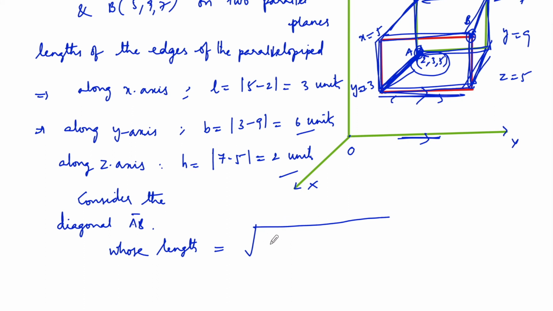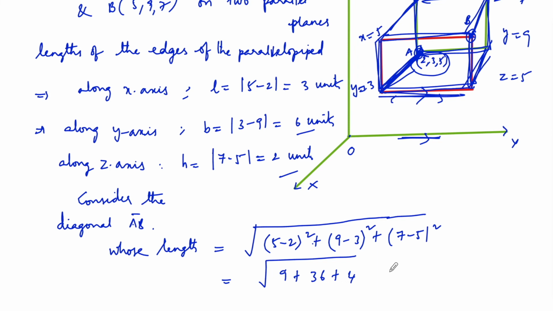So we have (5 minus 2) whole square plus (9 minus 3) whole square plus (7 minus 5) whole square, which is equal to 3 squared is 9, 6 squared is 36, and 2 squared is 4. So under root of 36 plus 4 is 40, plus 9 is 49, which is equal to 7 units.